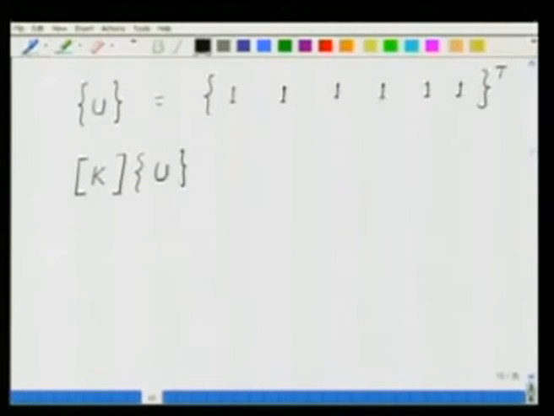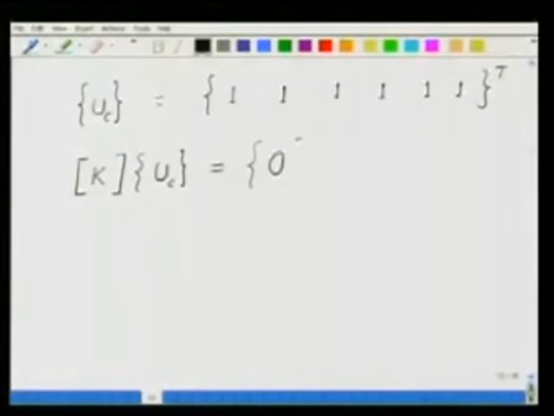I will call it u choice, uc. Kuc will be equal to the 0 vector.